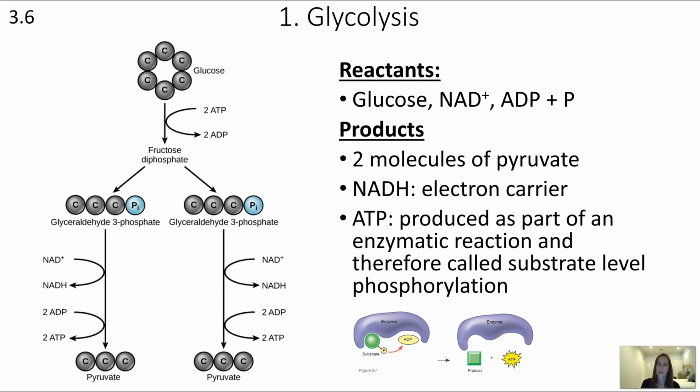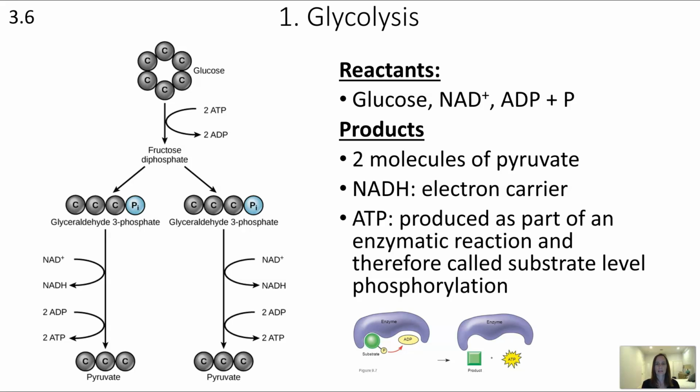You might notice that ATP is used in the first part of this reaction to kind of kickstart it, but then we end up getting more ATP out in the end. So the net gain in glycolysis includes some ATP. This ATP is produced as part of an enzymatic reaction. And because it's part of an enzymatic reaction, it's called substrate-level phosphorylation.